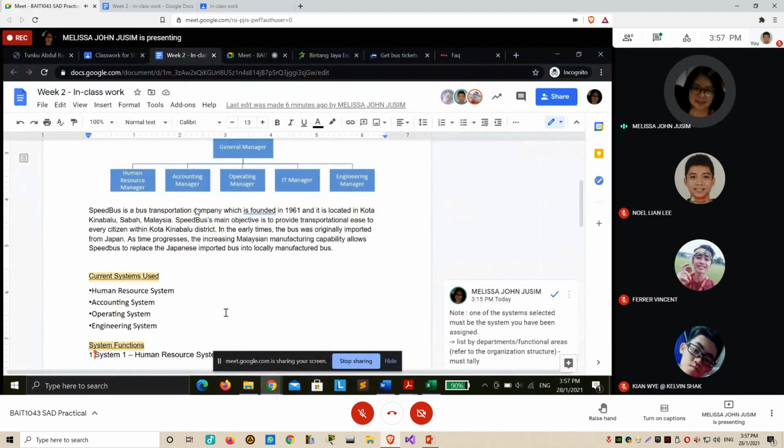that you are working for Speedbus as the IT staff, but who will be developing the bus ticketing system? Is that what you have in mind? Yeah, that's why I like the IT manager just do the online website for the ticketing system.